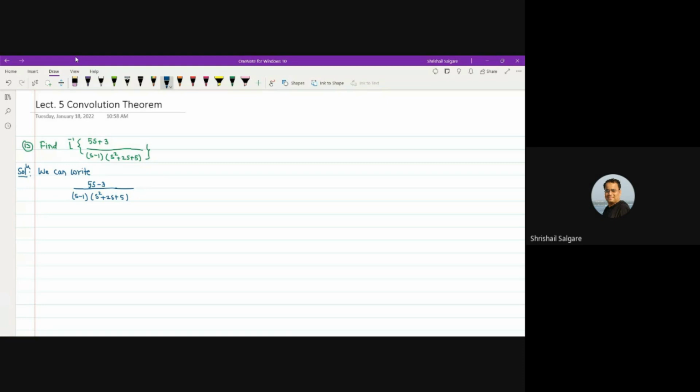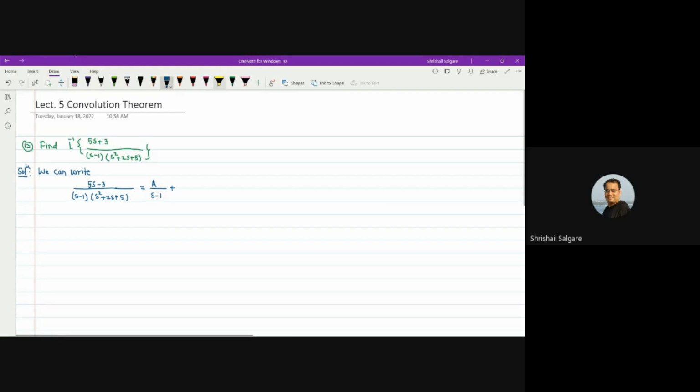Now, for the first term, by linearity, I will write A upon s − 1. Okay, so what about the second one?